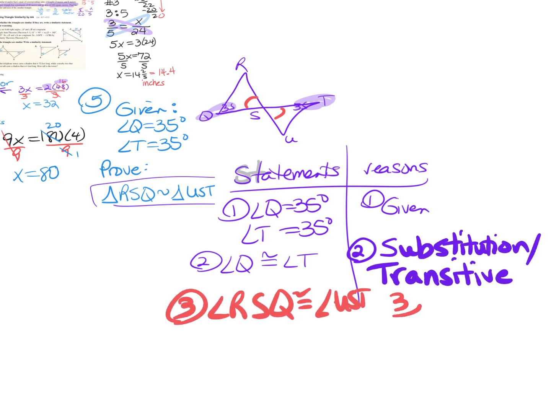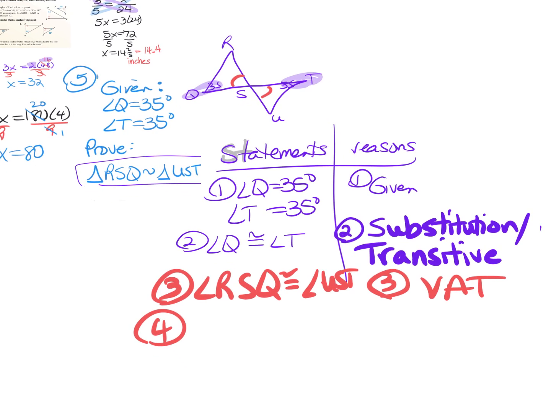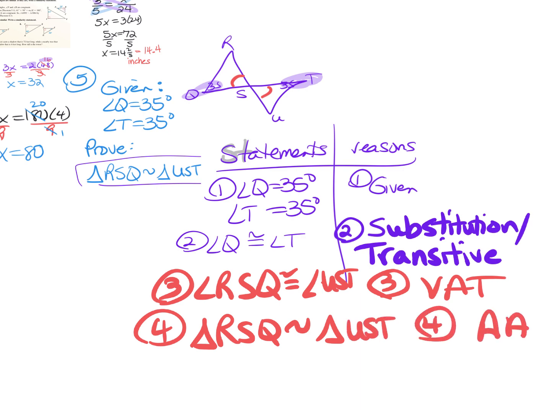S has to be the middle letter. So this is the vertical angles congruence theorem. And now that I have 2 congruent angle pairs in my picture, I can now state that triangle RSQ is similar to triangle UST. And that reason is angle.